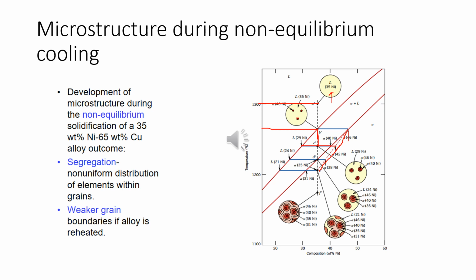The average composition of the solid alpha grains that have formed would have some volume weight average composition lying between 46 and 40% weight of nickel, which is indicated between the continuous solid line and the dashed line, 46% and 42% nickel.